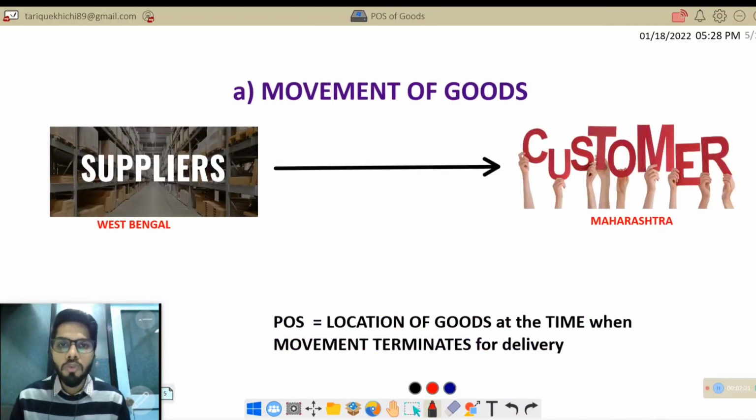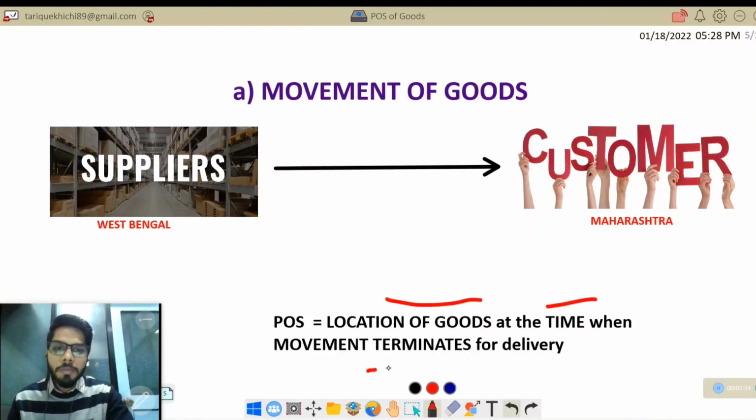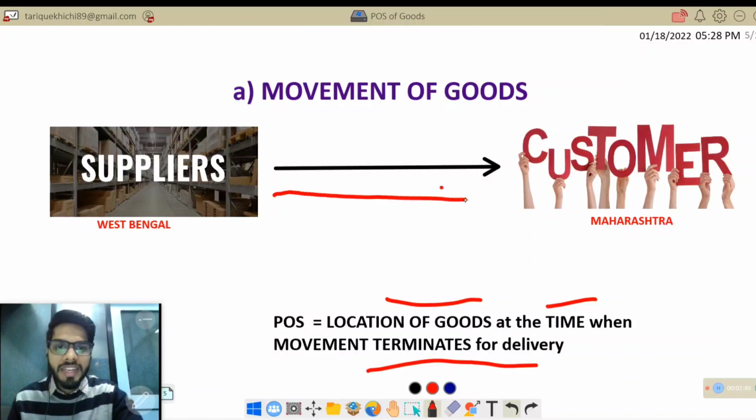So number one, movement of goods. When there is a movement of goods, what should be the place of supply? So the place of supply should be the location of the goods at the time when the movement terminates for delivery. Example से समझिए. Suppose the supplier sends goods from West Bengal to the customer in Maharashtra.